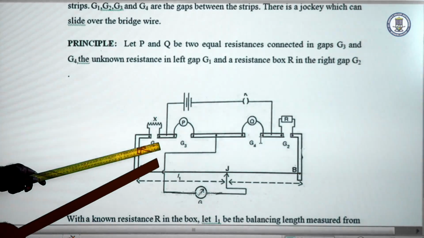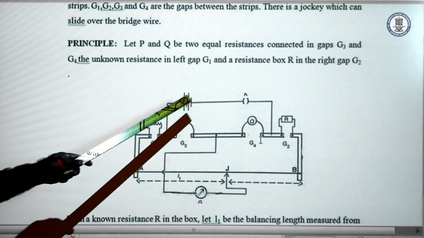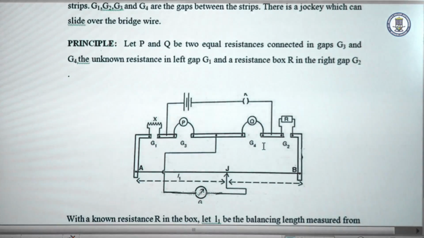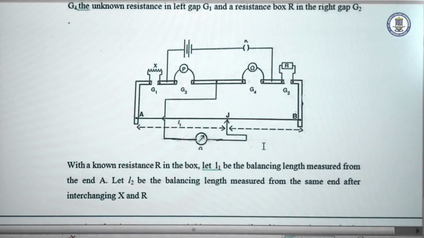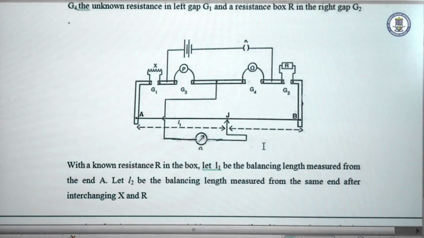Between the strips here and here, we are connecting a voltage source, and a galvanometer is connected through a jockey from the center point. Then, from the principle of the meter bridge, if L1 is the balanced length that we obtain for zero deflection of the galvanometer when X is connected in the left gap and R in the right gap, and L2 is the balanced length measured with X in the gap G2 and R in the gap G1, that means X and R interchanged.